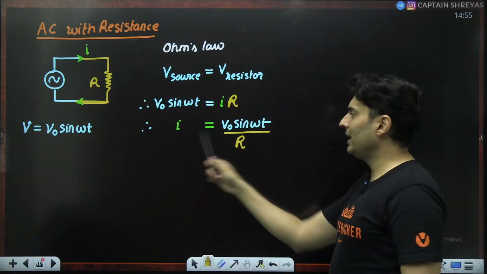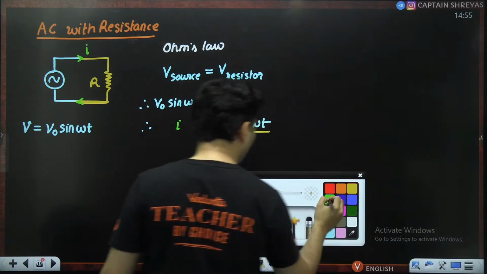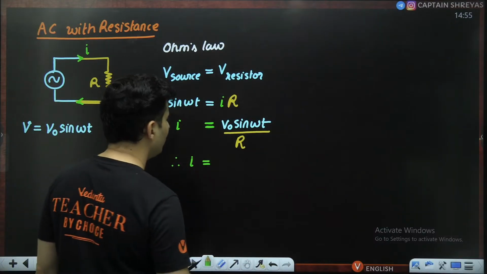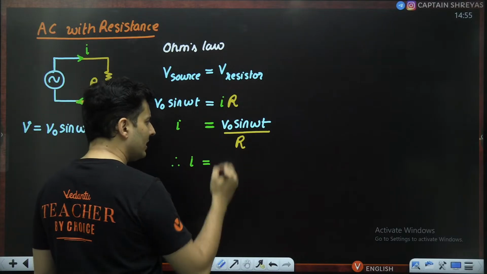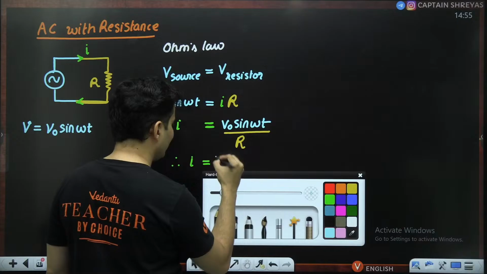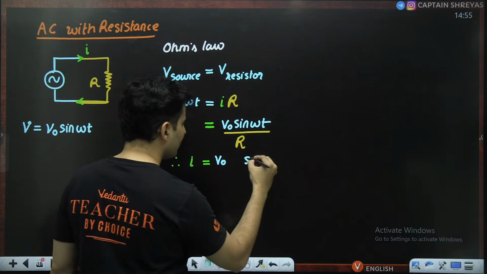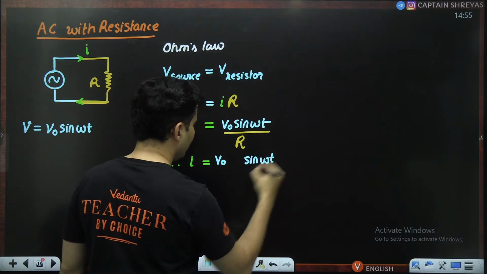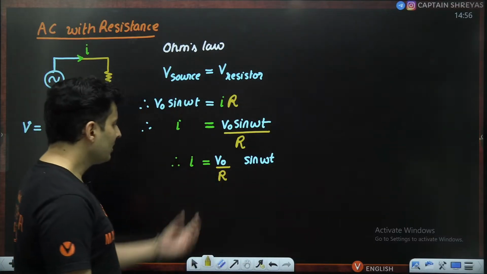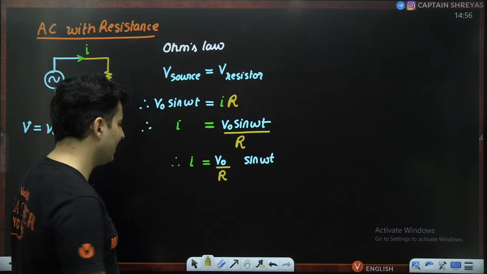Now, looking at this, I have an idea what I can do. So let's say I write current is equal to, well, V naught is a constant, R is a constant. So let me put V naught separately, sine omega t separately, and the resistance below, R. This is some constant into sine omega t.